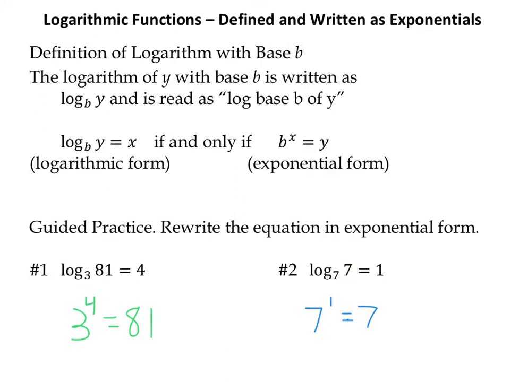So if you see log base 8 of 8, it equals 1 every time. When the b and y here are the same, it will always equal 1. Log base 7 of 7 is going to equal 1. Log base 8 of 8 is going to equal 1. So just something to keep in mind.